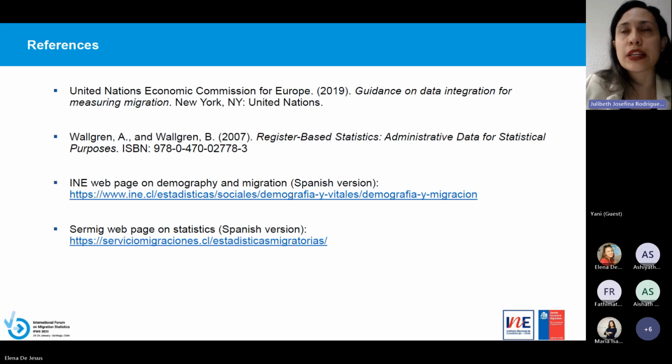For example, between CERMIC and MINREL, which are the visa applications, I think it's just one procedure to add in these databases.